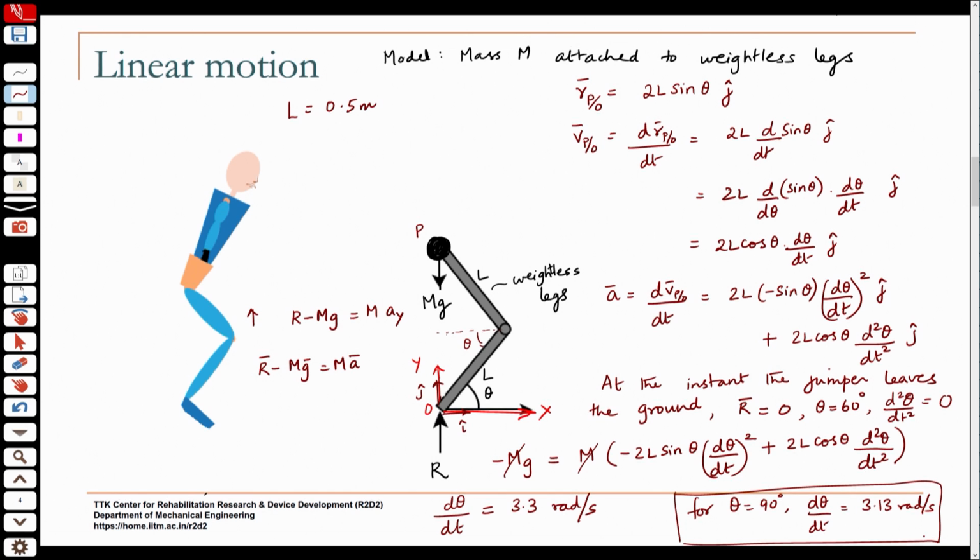But if your muscles are able to generate, see, this is a pair. If theta is, say, instead of 60, I am jumping from a seated position, then it is not necessary that theta equal to 90.